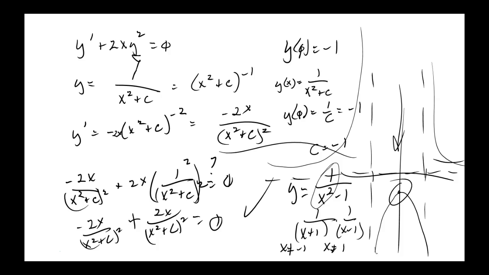Okay, we just did example 2. We're talking about initial value problems and how the initial value will pick out which curve it is when you have a family of curves.